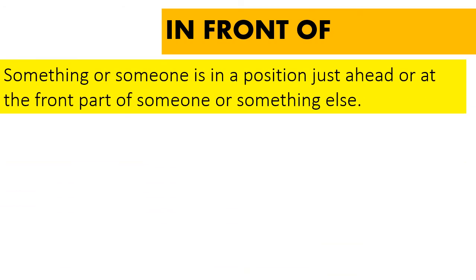The seventh preposition that we're going to discuss is in front of. We use in front of when we are stating that something or someone is in a position just ahead or at the front part of someone or something else.